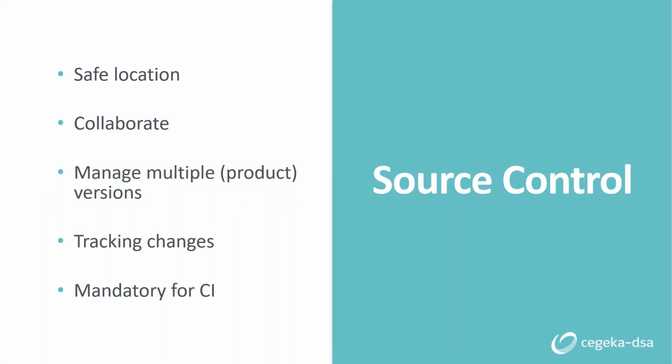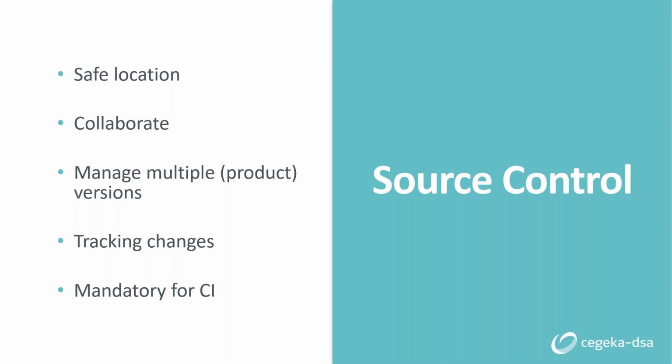So source control. What's source control? It has several purposes. One of the purposes obviously is a safe location where you can store all your sources, your most valuable assets as a software development team. It's a mechanism to collaborate on the same objects or the same source files together with a development team.